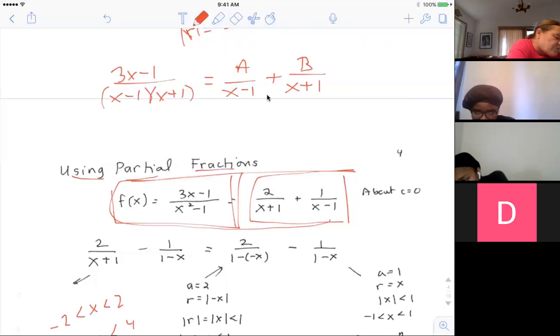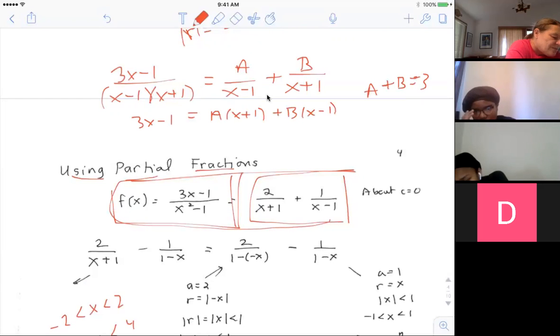If I multiply through, I get 3x minus 1 equals A times x plus 1 plus B times x minus 1. If I match the coefficients, A plus B has to be 3.